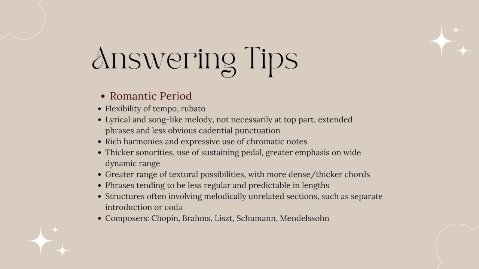The Romantic period usually features music with flexibility of tempo, which we call rubato, lyrical and song-like melody, not necessarily at the top part, extended phrases and less obvious cadential punctuation, rich harmonies and expressive use of chromatic notes, thicker sonorities with the use of sustaining pedal and greater emphasis on the wide range of dynamics, a greater range of textural possibilities with more dense or thicker chords, the phrases tending to be less regular and predictable in length.